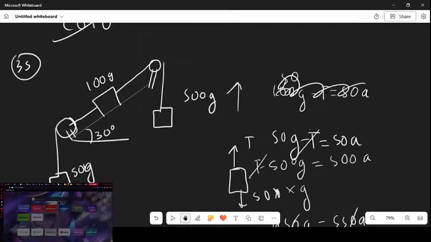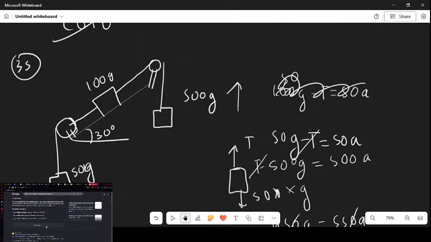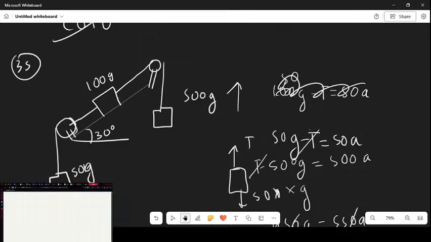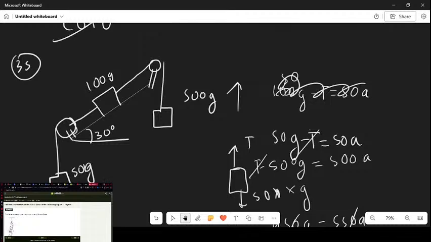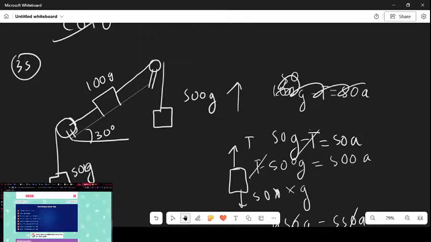Find the acceleration of the 500-gram block in figure E18. Not this one.